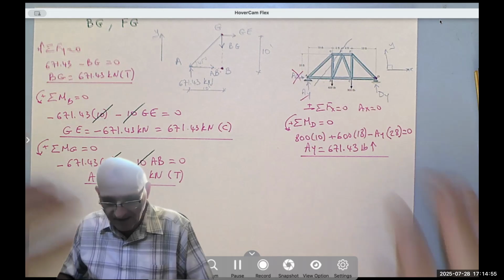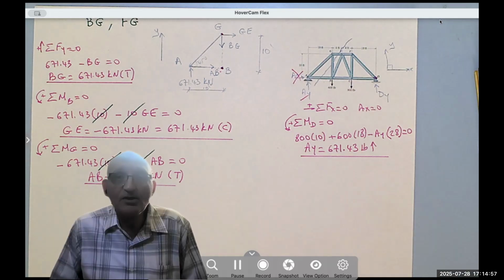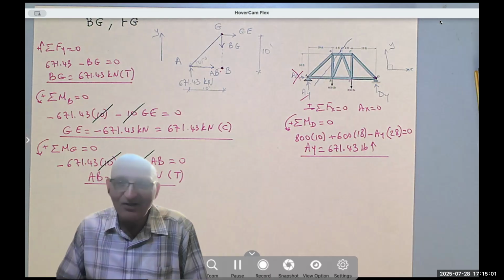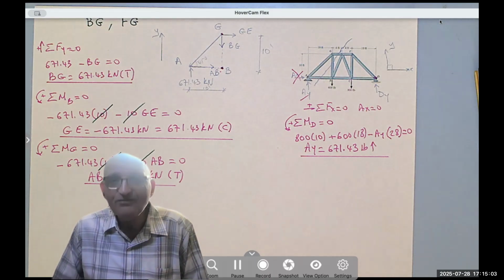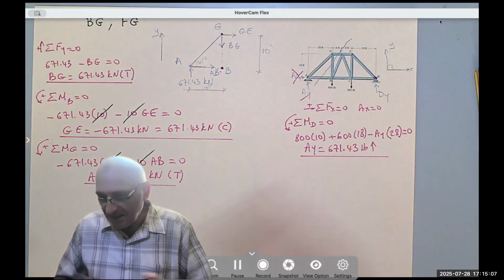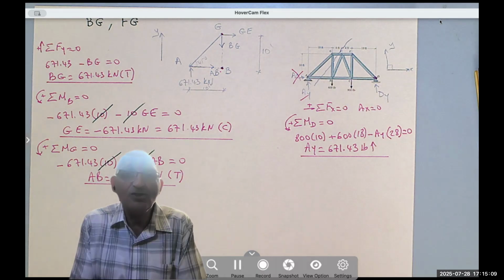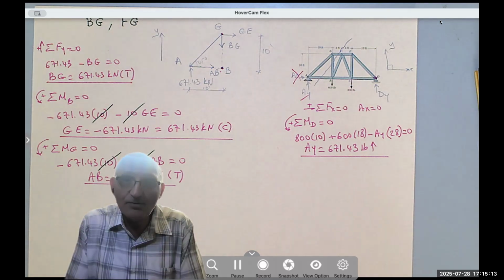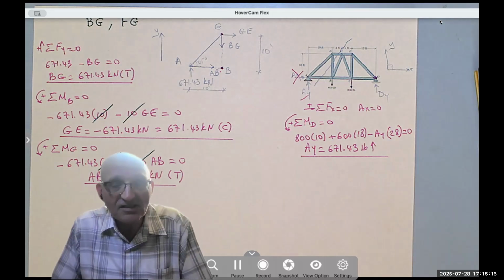I think that concludes our work with matrices. I said matrices because I told you we can solve it with matrices. Maybe in the future, I will try to show you how to do that. But we concluded the topic of trusses with the zero force members, method of joints, method of sections.